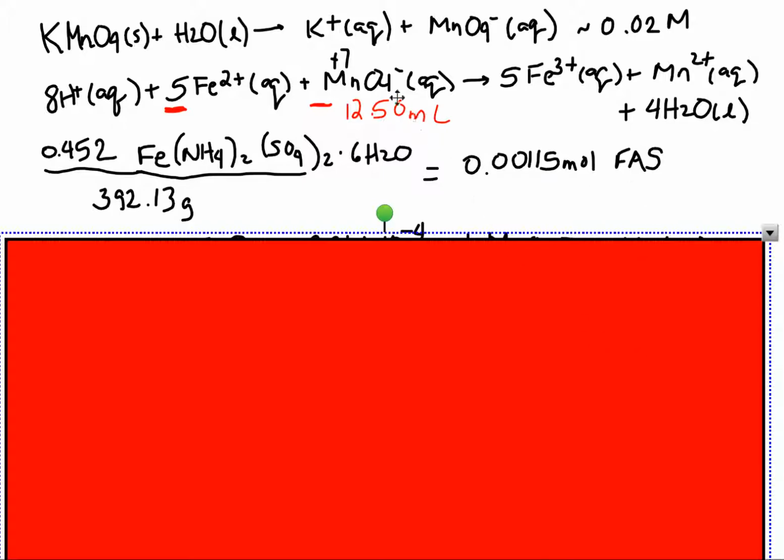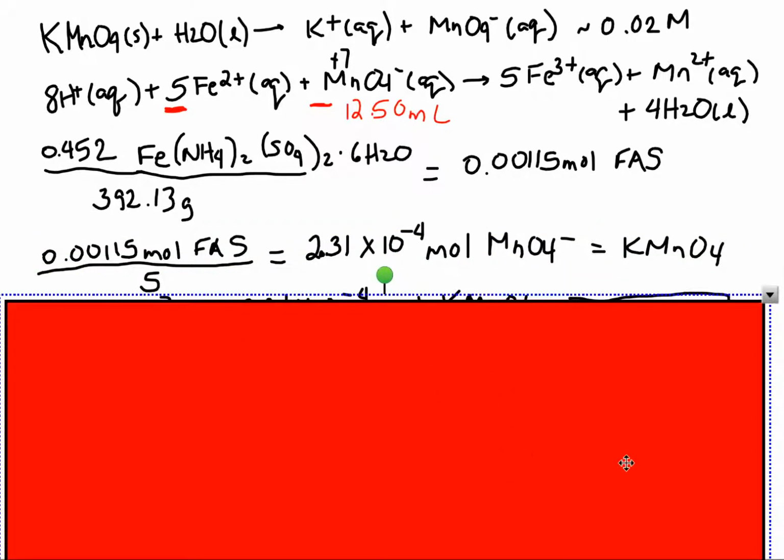If I want to get the moles of permanganate ion, I have to divide by 5, and that's exactly what I do in the next step. For every 1 mole of this, 5 moles of that. If this is moles of ferrous ammonium sulfate, then I need to divide by 5 to get my moles of permanganate ion from the balanced equation.